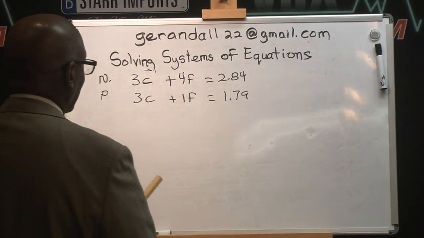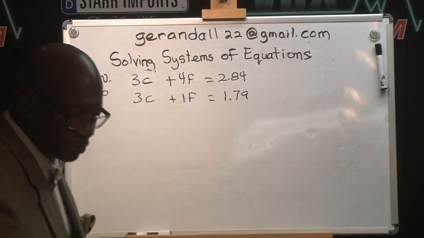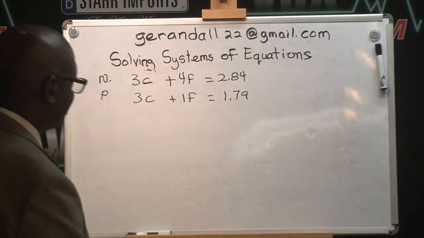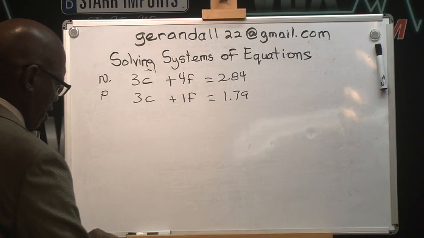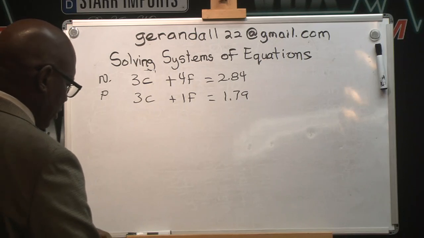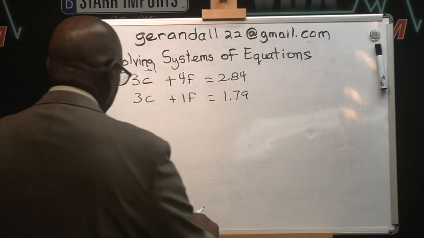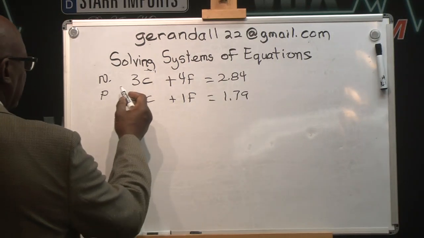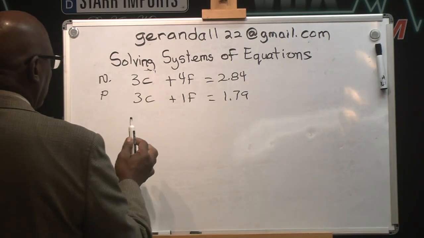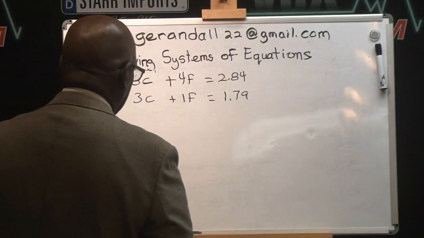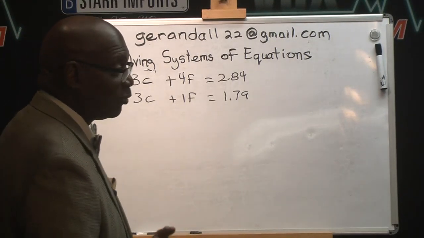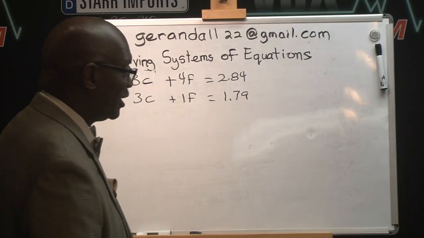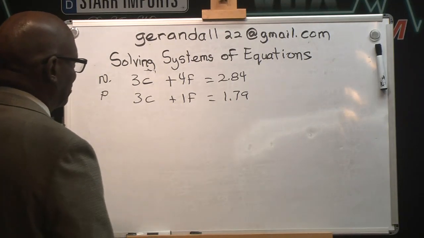Now, we're going to use, again, elimination. And right now, without doing something to these 2 equations, there's nothing that we can eliminate. However, in mathematics, whatever you do to one side of the equation, you can do to the other.